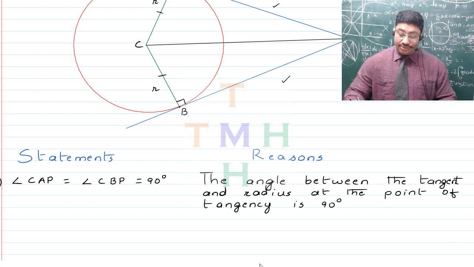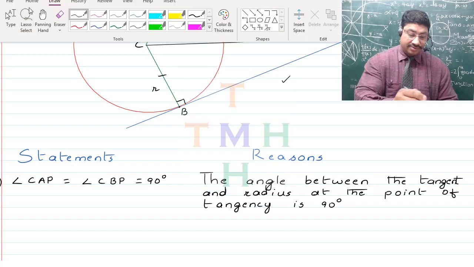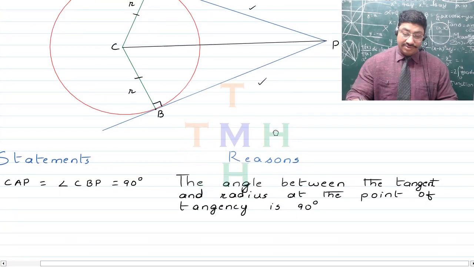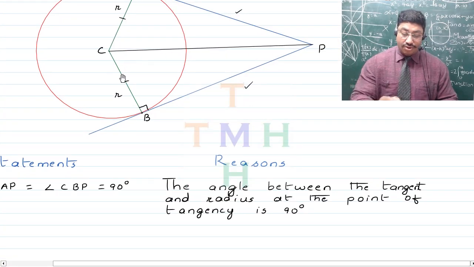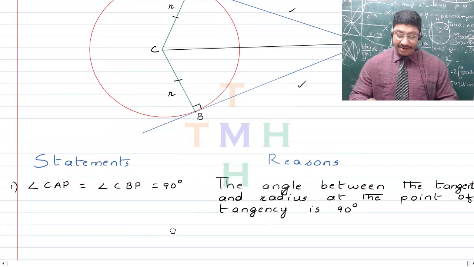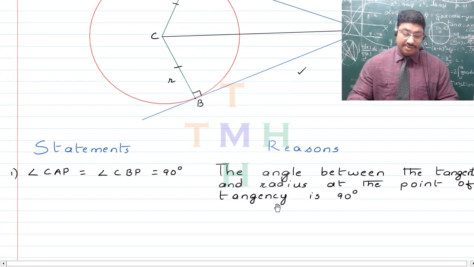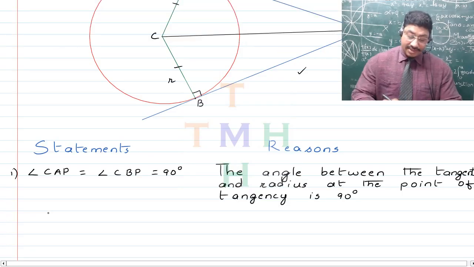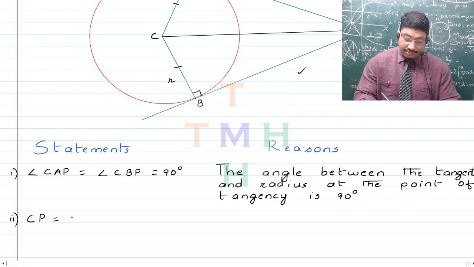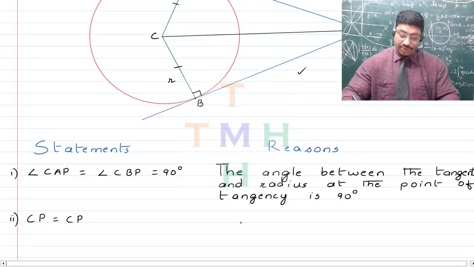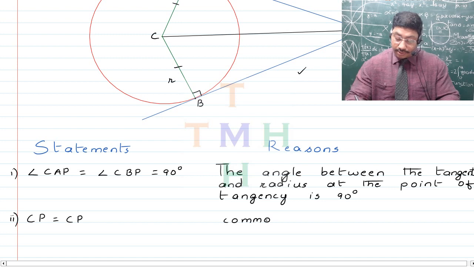Now the next thing that we can do is, if you talk about this triangle, children, we find that we had one straight line which was common, that is CP, right? So you will say CP is equal to CP because it is common to both the triangles. So this is going to be the second point, right? You will say that CP is equal to CP, and here you will say common to triangles.